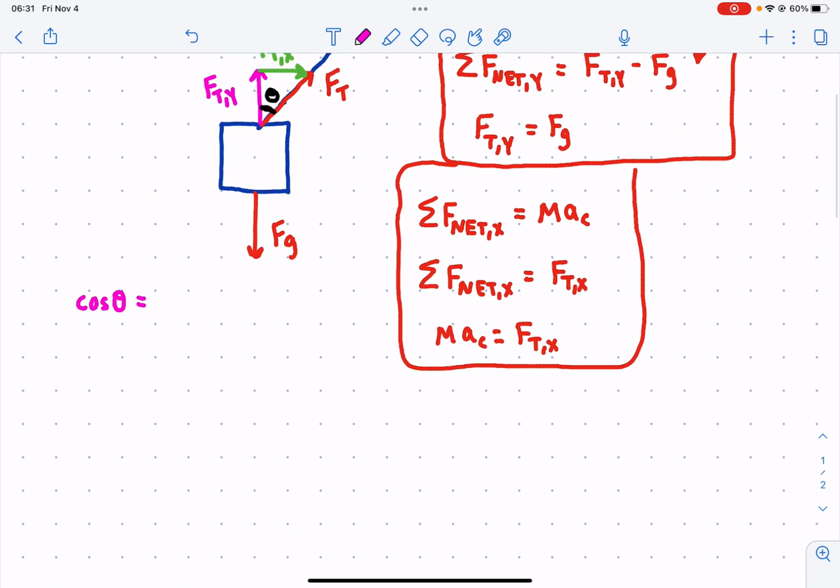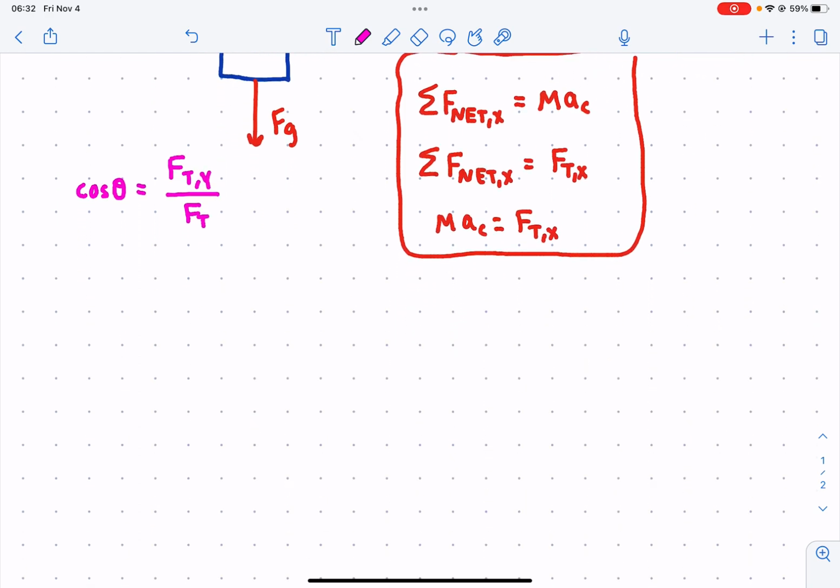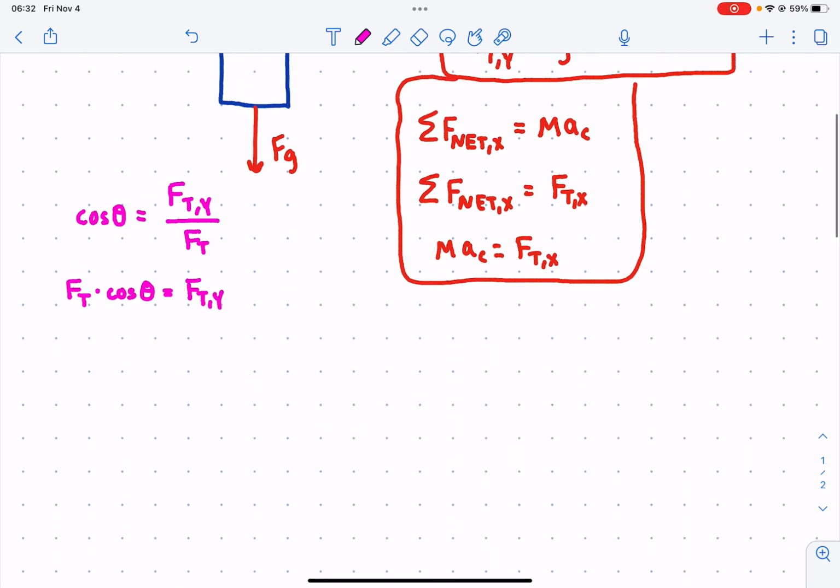So the adjacent is F_Ty, and the hypotenuse is F_T. So multiplying both sides by the tension force, the tension force multiplied by the cosine theta is going to equal the y component.